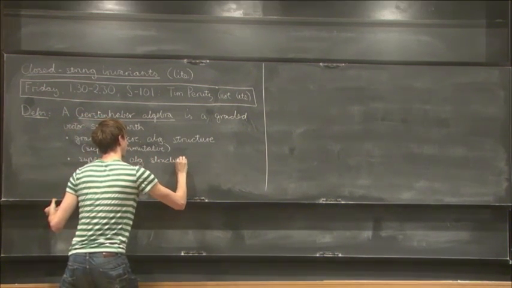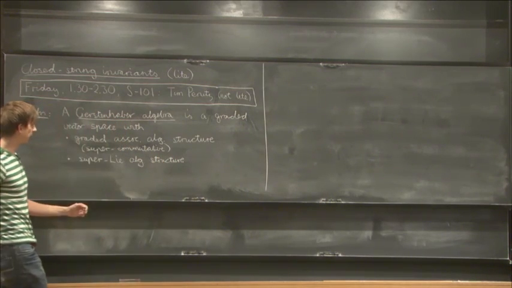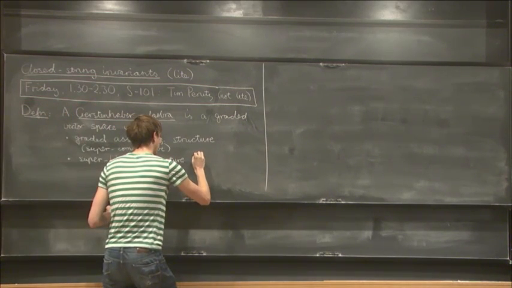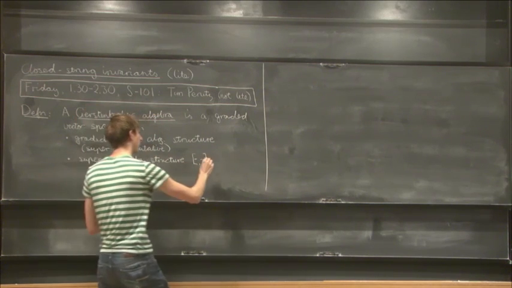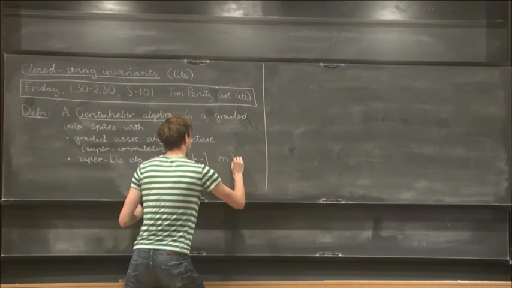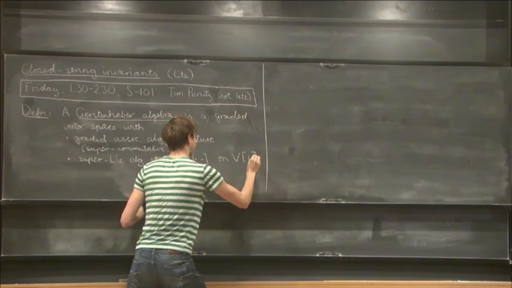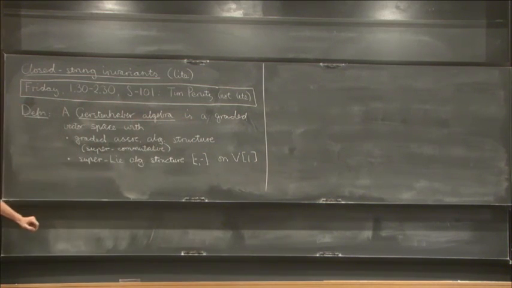It's also going to have a super Lie algebra structure. So a Lie bracket. And actually for that, it turns out you need to shift the grading by 1.